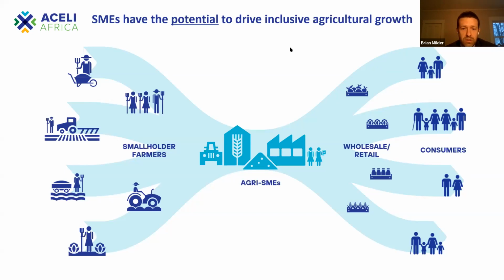And yet, it's estimated that across sub-Saharan Africa, there's a $65 billion gap for businesses that need between $25,000 and $1.5 million in financing. That's an annual gap, and an estimated 3 in 4 agri-SMEs don't have reliable access to finance. So that's certainly constraining their growth.